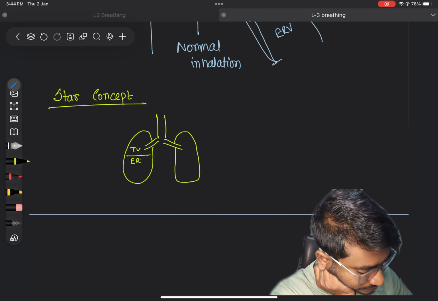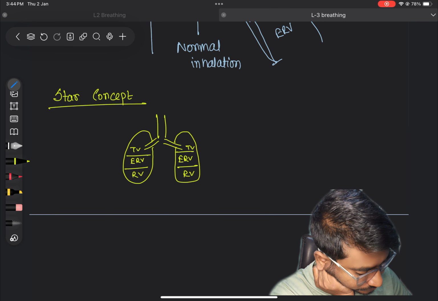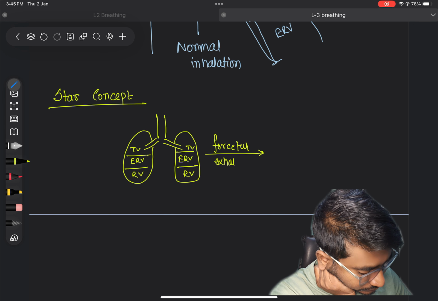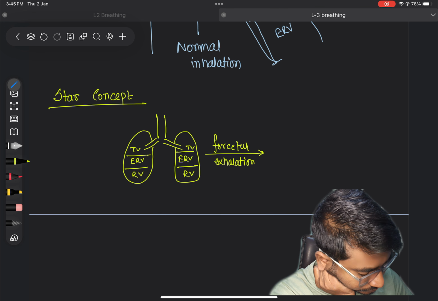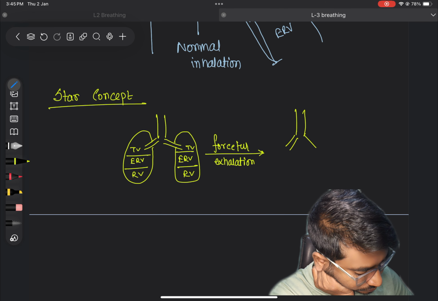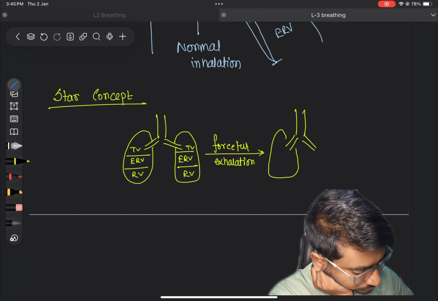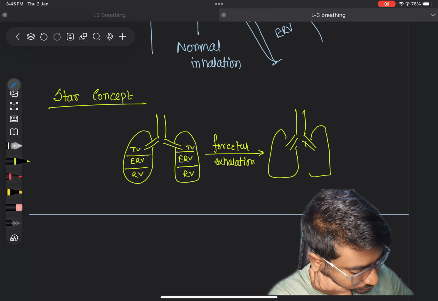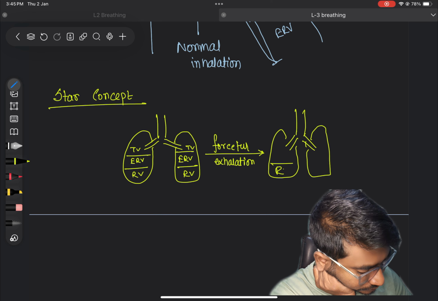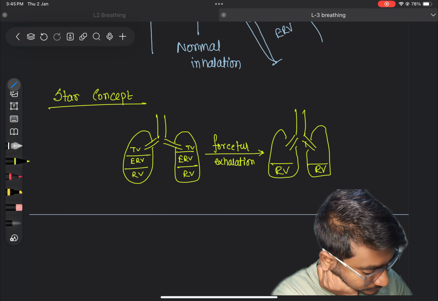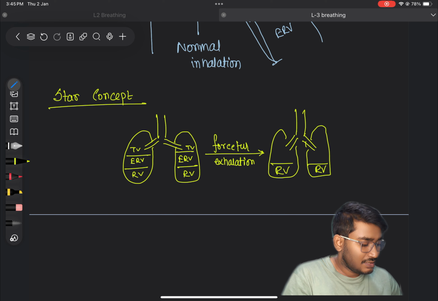After forceful exhalation, the residual volume is always present in the lungs.